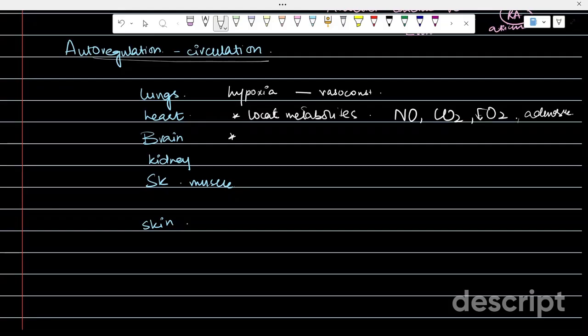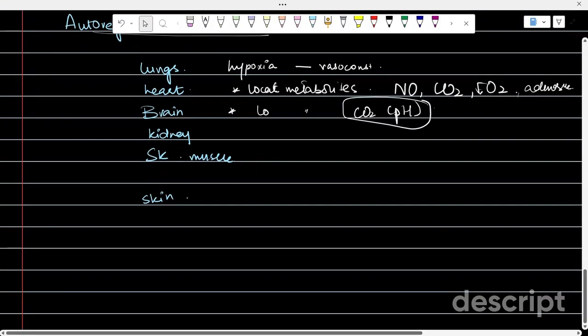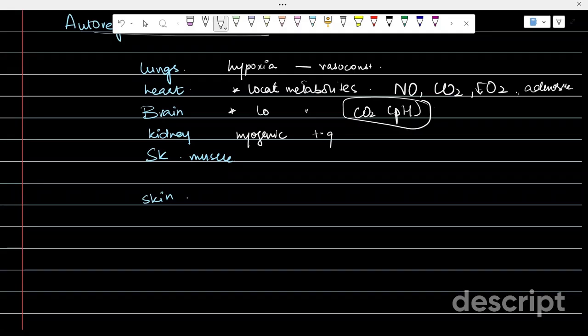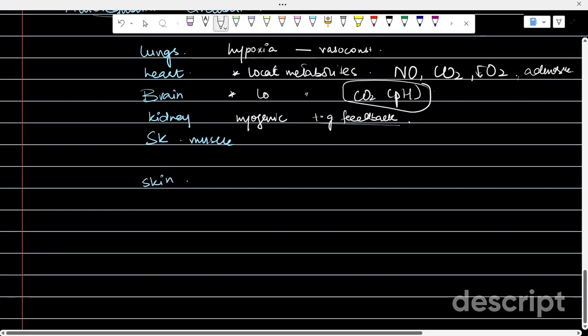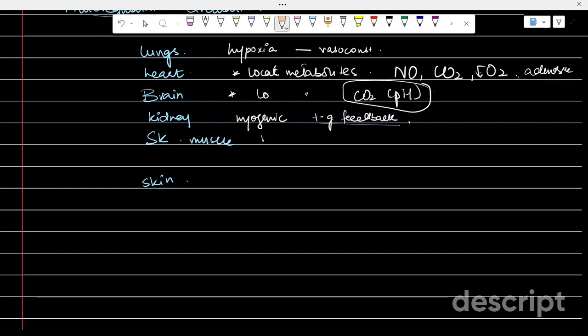The brain is also maintained by the local metabolites, mainly carbon dioxide, which is pH. This is a very important MCQ. The kidney is autoregulated by myogenic and tubuloglomerular feedback. They will be discussed later on. The skeletal muscle circulation is autoregulated via local metabolites as well.